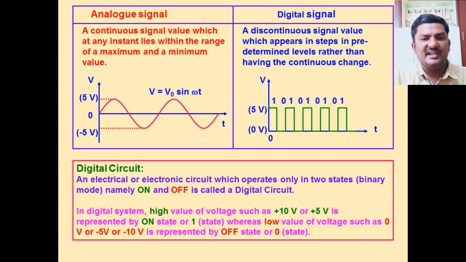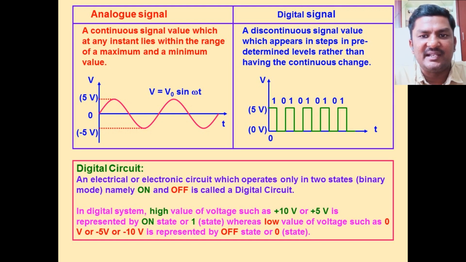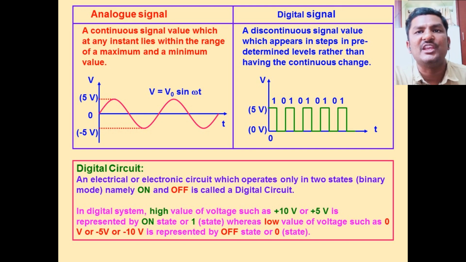For on state we consider 1. Low values of voltage such as 0 volt or minus 5 volt or minus 10 volt are represented by the state 0, off state. So in digital system there are only two possibilities, 1 or 0.